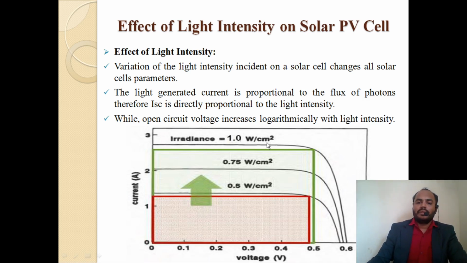So we find that as the irradiation level increases, the current output also increases, and simultaneously there is a small change in the voltage. So we can say that as the irradiation level increases, the power output will also increase significantly.